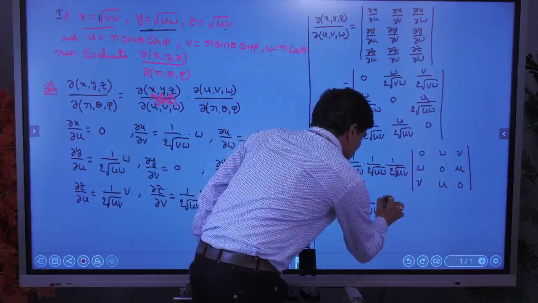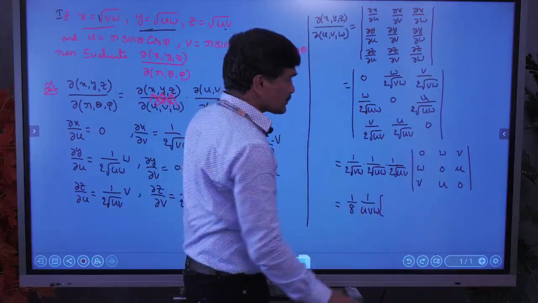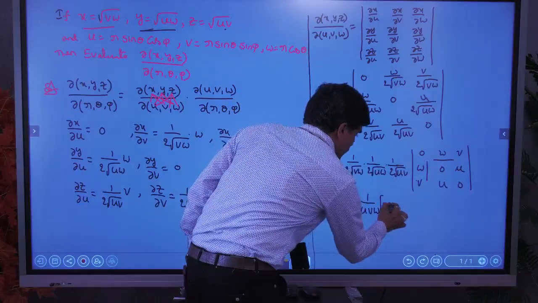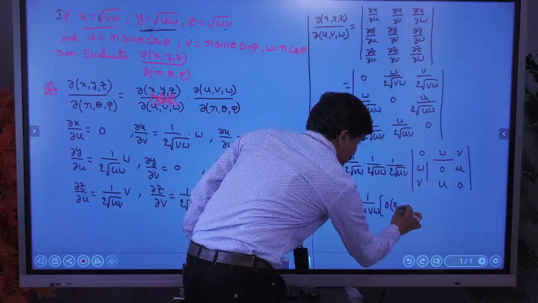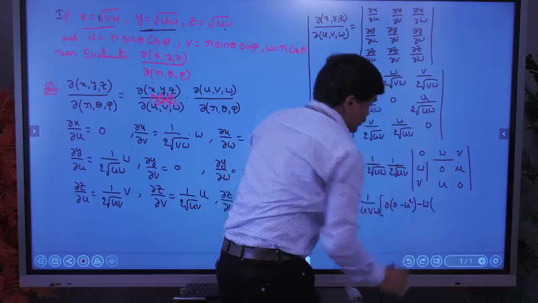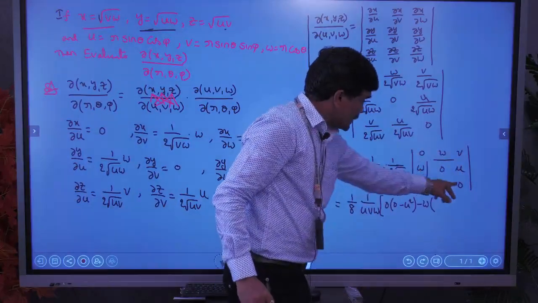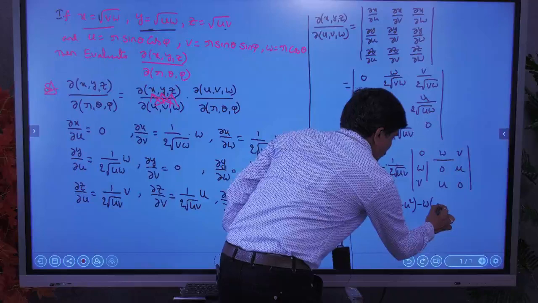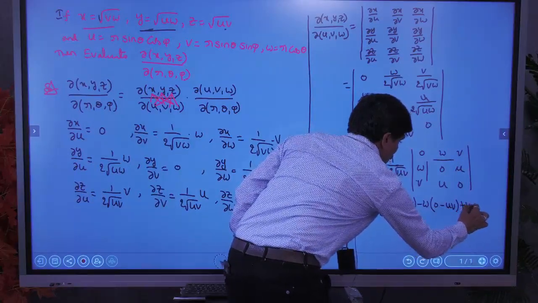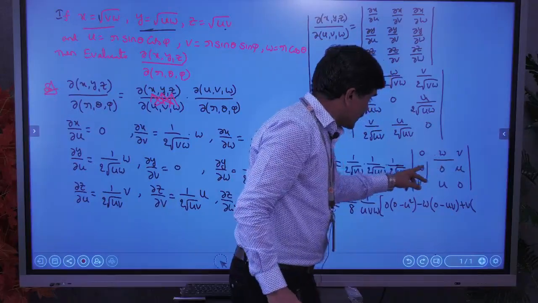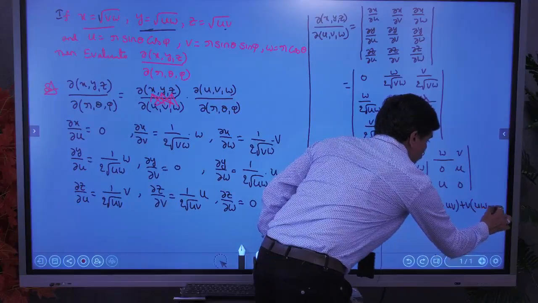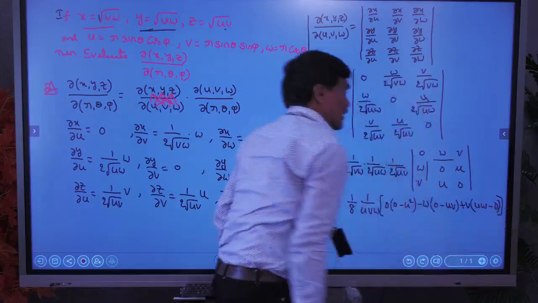Now write the remaining determinant. 0 into (0 minus u²), minus w into (0 minus uv), plus v into (uw minus 0), right?